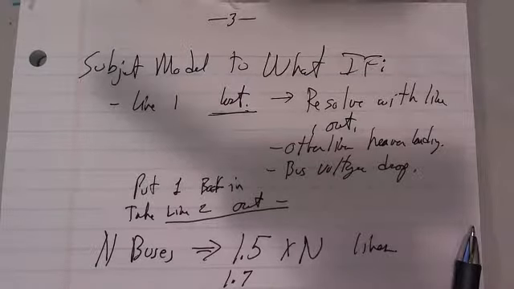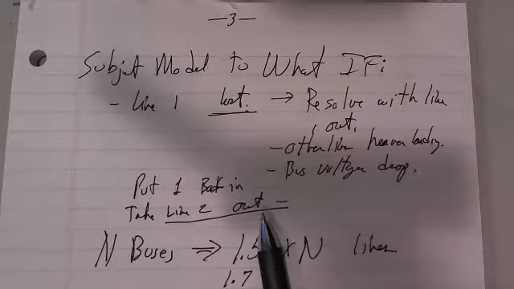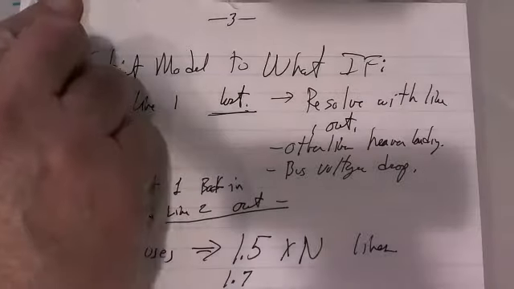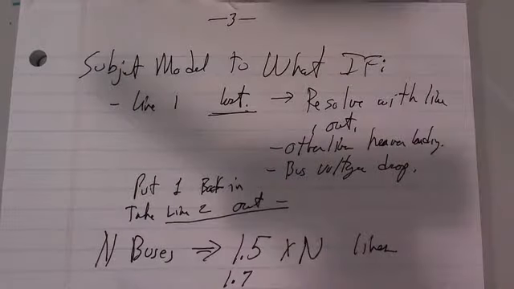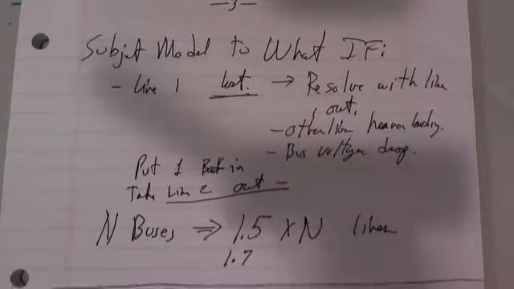I could have a system with, let's say, 2,000 buses. Then I might have 3,000 lines. So I got to go through this procedure 3,000 times. That is very unrealistic, and we will talk later about some techniques to try to speed that process up, try to get ahead of it, and predict which are the worst cases.